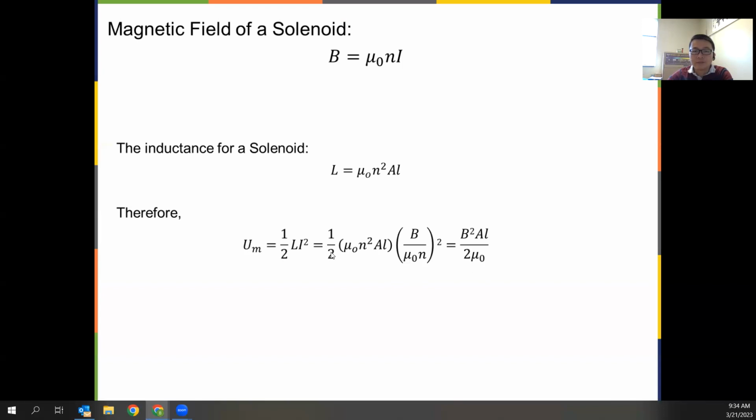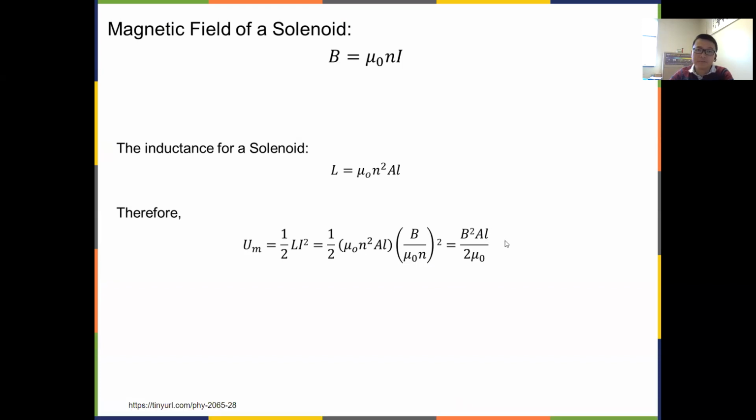The 2 still remains. On the top, we have A L still there, and B squared still there. So B squared A L. A is the cross-sectional area, L is the length of the solenoid. So A times L is the volume of the solenoid.